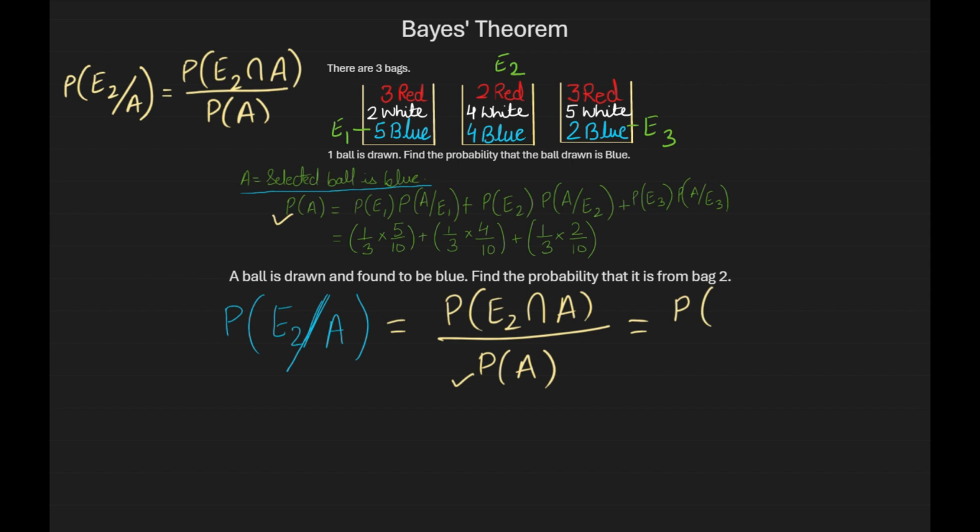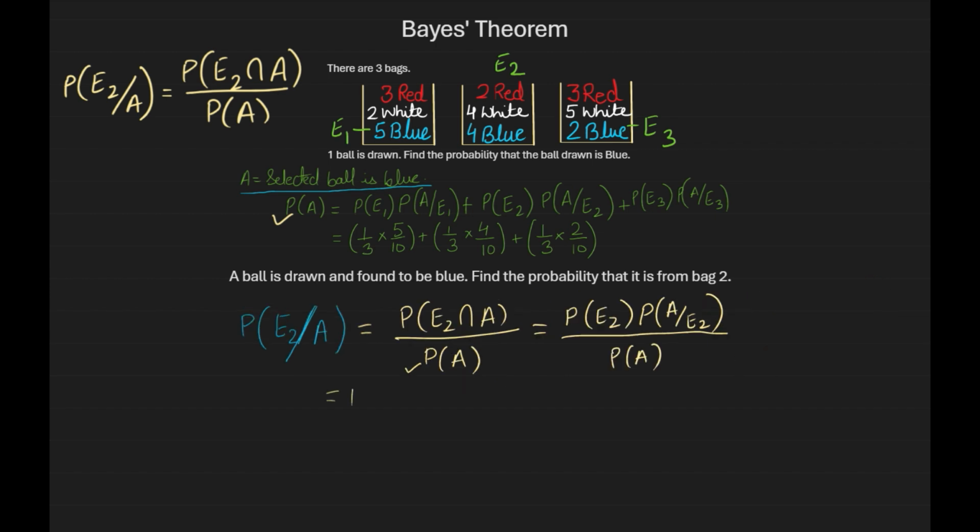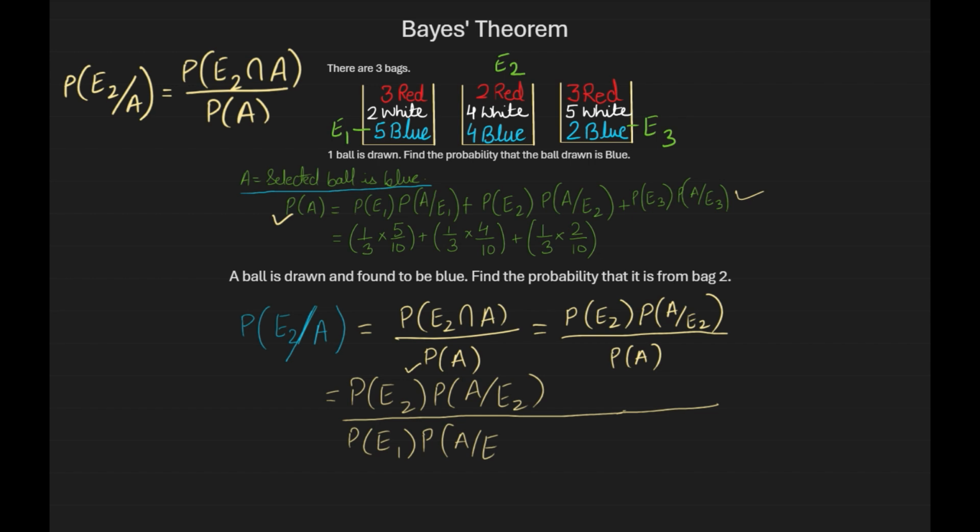The selected bag is E2 and out of E2, A happened, that is probability of E2 times probability of A given E2, and in the denominator the probability of A which we already found. Let me write the complete formula: probability of E1 times probability of A given E1, plus probability of E2 times probability of A given E2, plus probability of E3 times probability of A given E3.